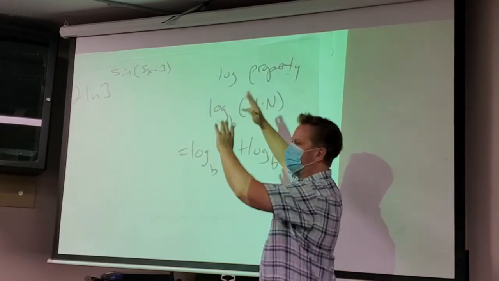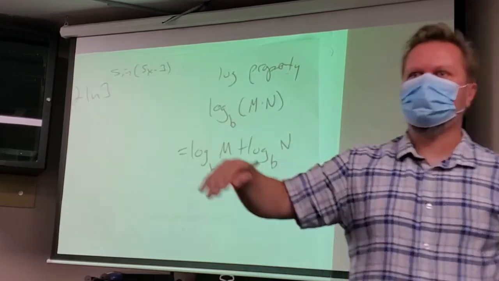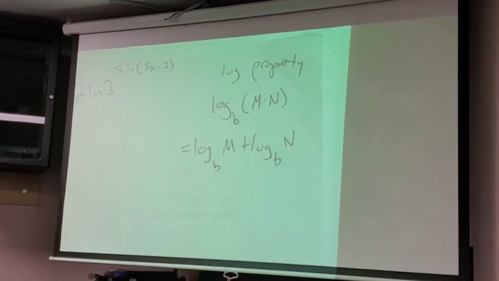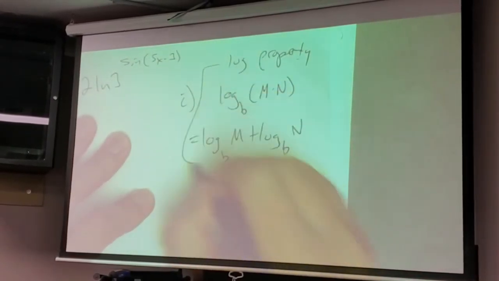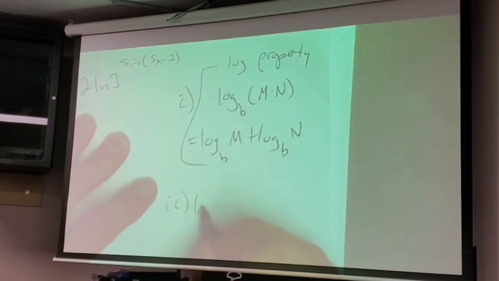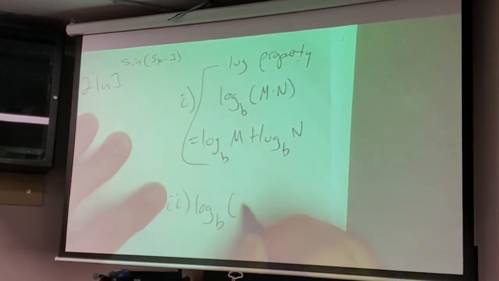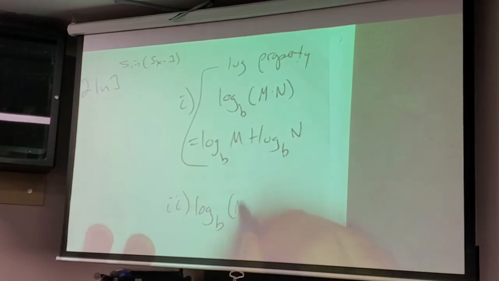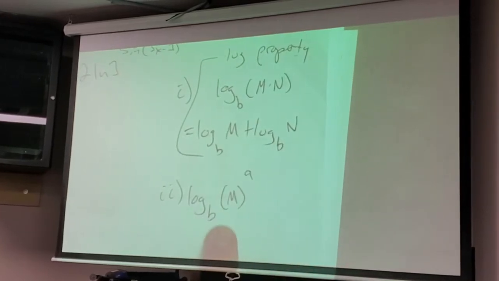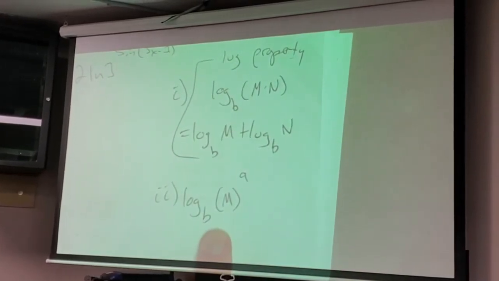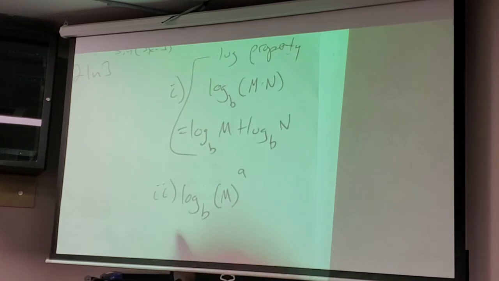And there's a whole big proof I could do. I'm not going to do it. All right. So of course, watch this. This is 1, 2. So what would this be? Log base b of m to the a. I'm going to use this property somehow here. Stay with me. So what does m to the a mean? M multiplied a times.